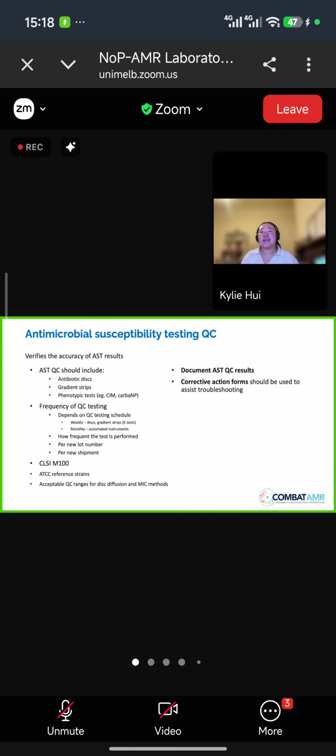A test is performed per new lot number and per new shipment. If you run E-tests infrequently, let's say once a month you do a vancomycin MIC, it makes no sense to run E-test QC for vancomycin weekly because you're not actually releasing any results using vancomycin.